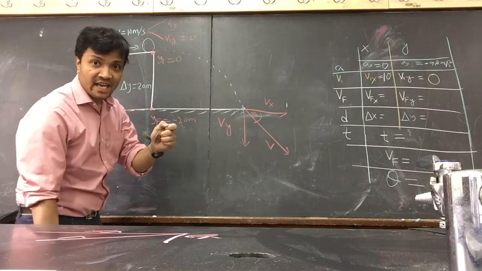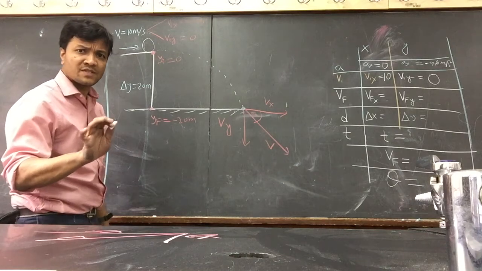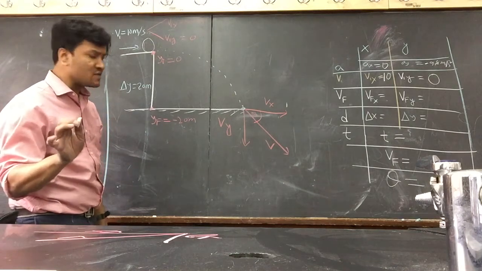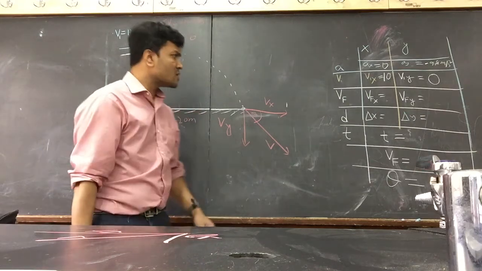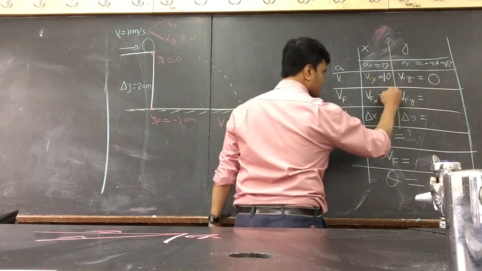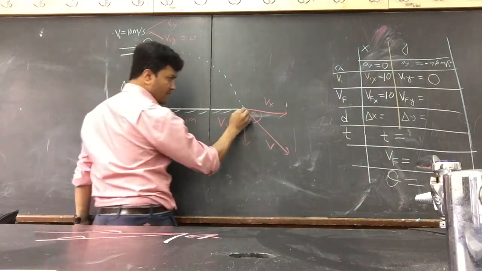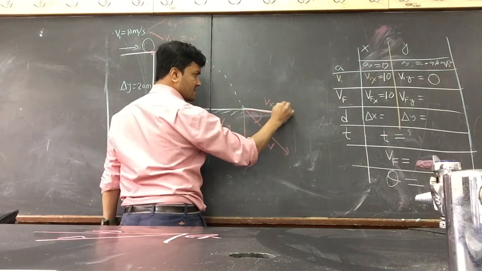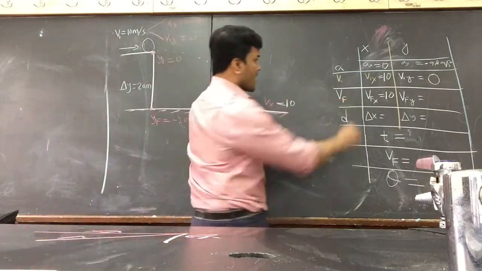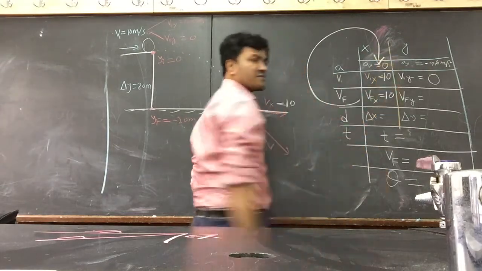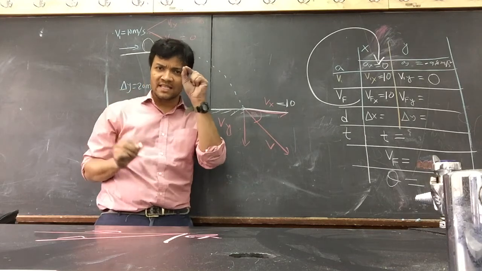Velocity final at x direction. As I said, velocity at x direction always remains the same because acceleration at x direction is 0. So velocity final at x direction is also 10. Why is it 10? Because acceleration at x direction is 0, so velocity does not have to fight with acceleration.